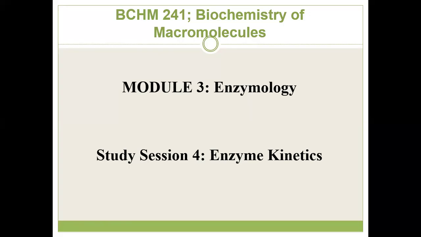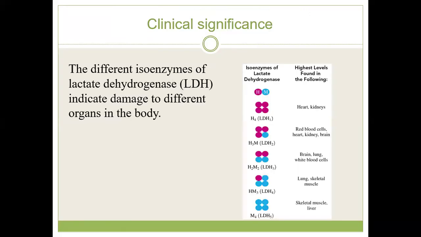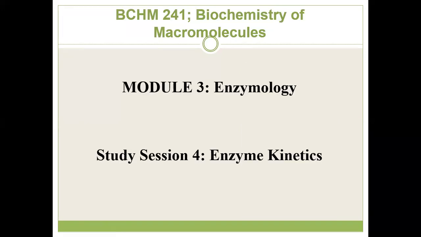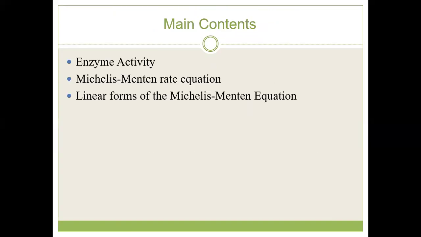Okay, so this is what you need to know about this study session 3. And like I said, in study session 4, I already gave an assignment where some of you will talk about some aspects of enzyme kinetics, where I have a group that will talk about the activity of an enzyme. Please, you need to know what an enzyme activity is.